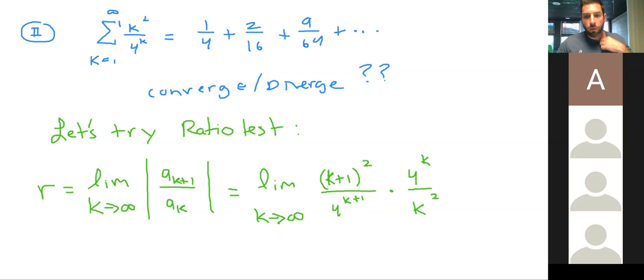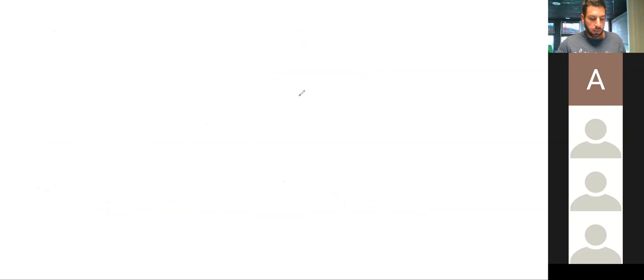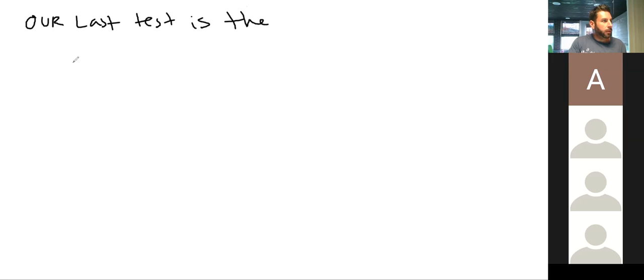Okay, now before we go, let's state one more test. It's pretty much the same thing as the ratio test. It's just useful in some other scenarios. So our last test is the root test.